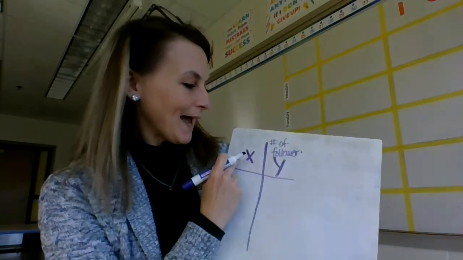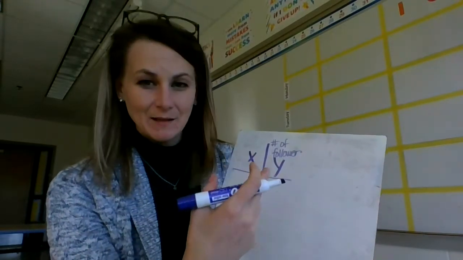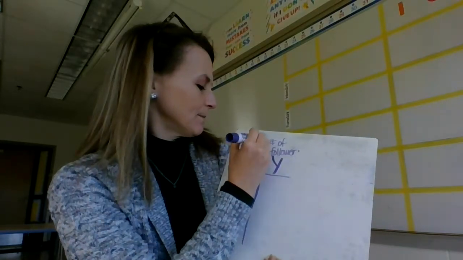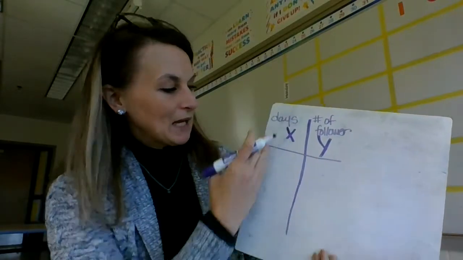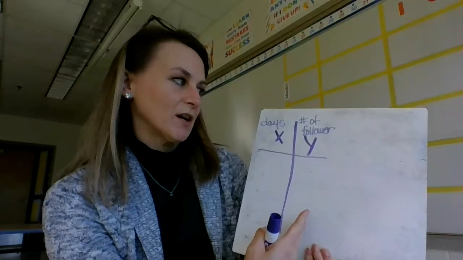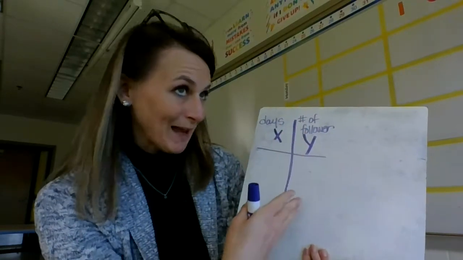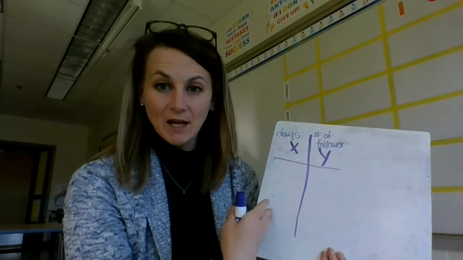And my X is going to depend on how many days it's been in the month, so I'm just going to write days. That's going to be my independent variable, and then my dependent variable over here is going to be my number of followers, and it's going to depend on how many days have passed since the beginning of October.